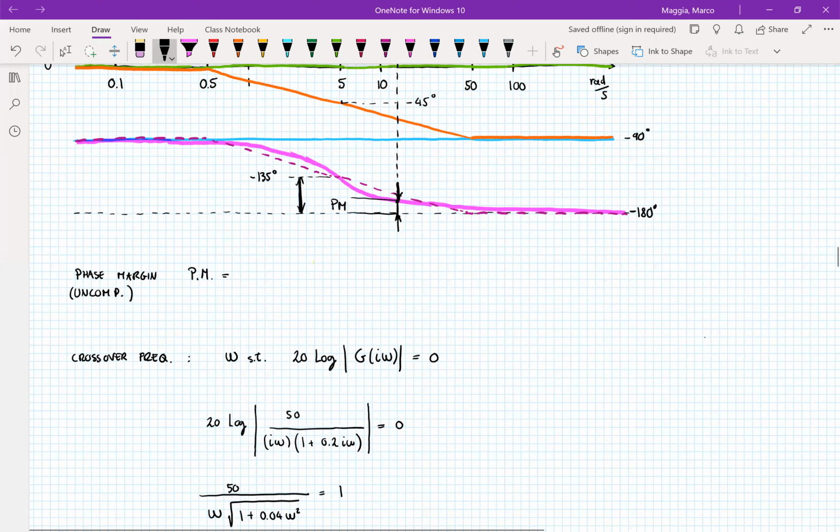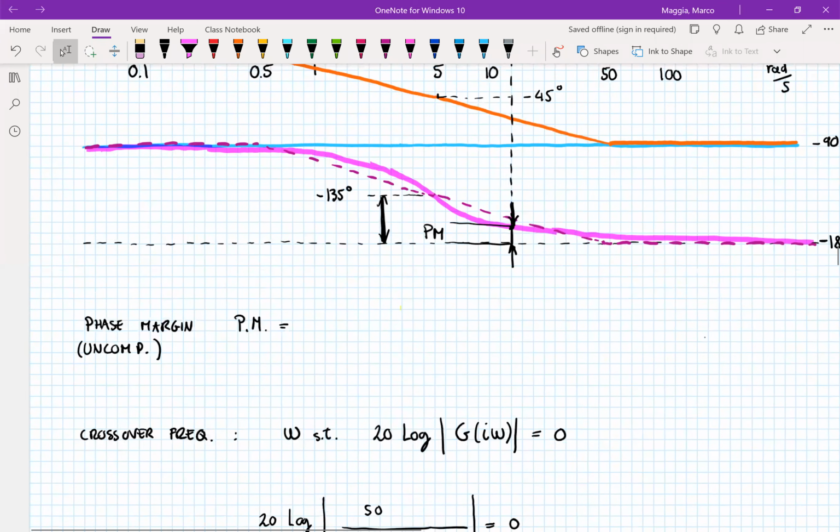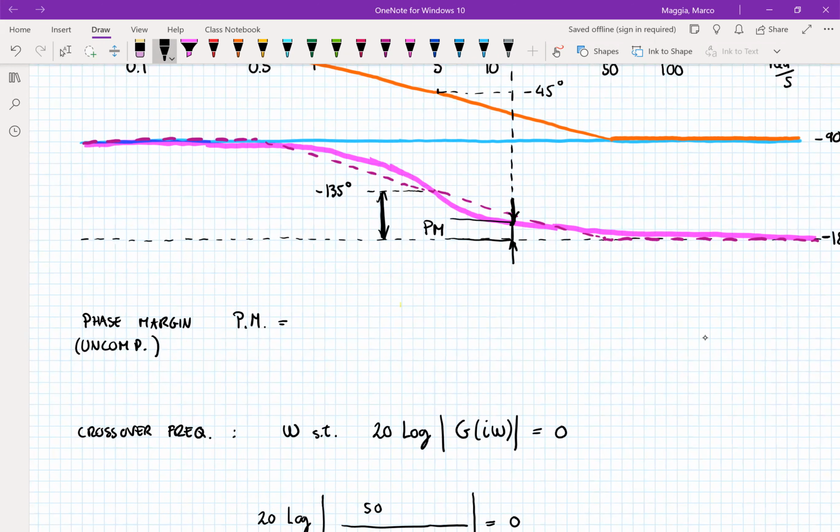But let's actually compute the phase margin. So by definition, what we saw last time, that is the phase of our, in this case, uncompensated system, plus 180. So remember that here, although we are considering the closed loop system, we want to take a look at the loop transfer function.